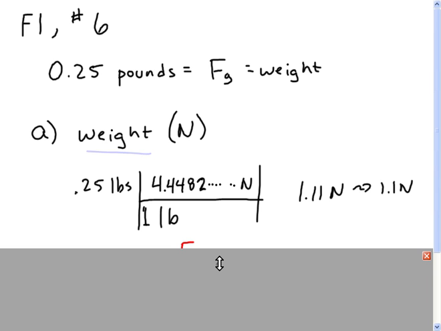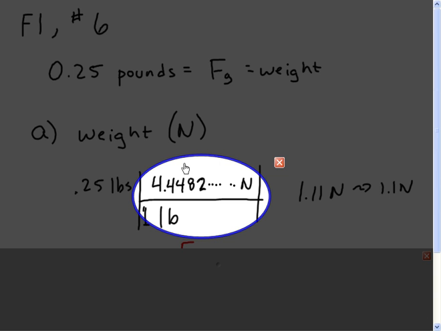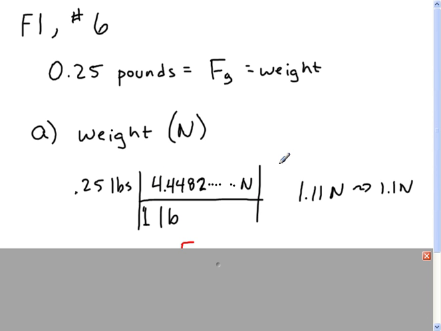You should have done a unit conversion like that. Does anybody have anything different right there? What do you have, Chris? One on top and then 0.2248. All right, so what you have there is 1 newton over 0.2248 pounds.